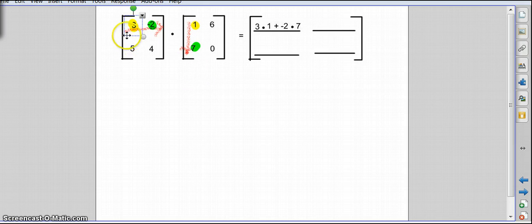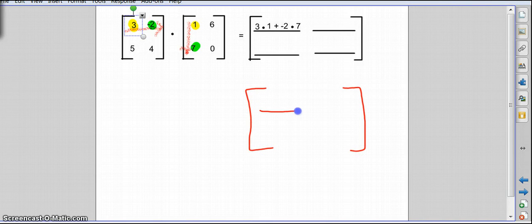So you're really multiplying row by column: the first element by the first element plus the second element by the second element. And if there was a third element in this row and a third element in that column, we would multiply those together as well. That's why the number of columns has to equal the number of rows, and vice versa.